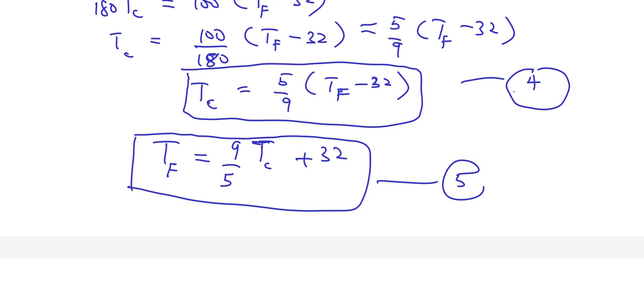But in equation 4, you subtract 32 from the temperature in degree Fahrenheit before you multiply by 5/9. If you know equation 4, you can easily obtain equation 5, and if you know equation 5, you can easily obtain equation 4.